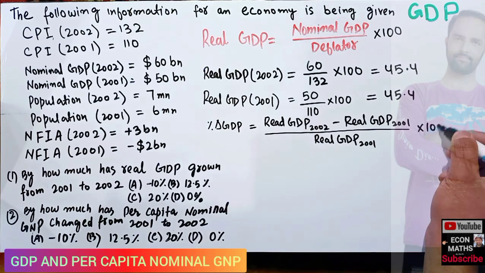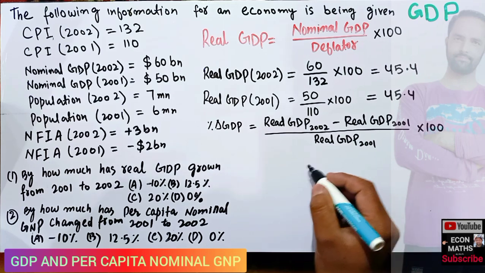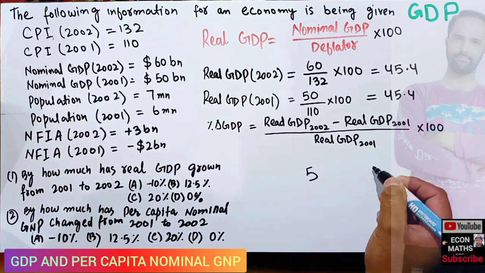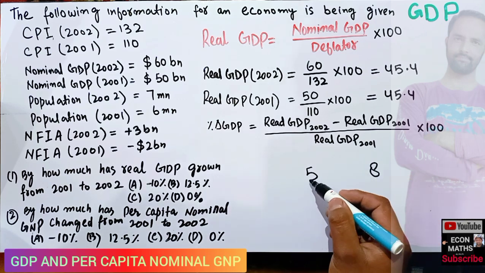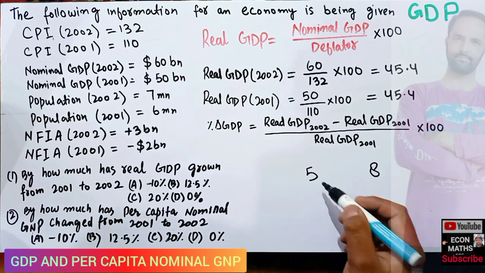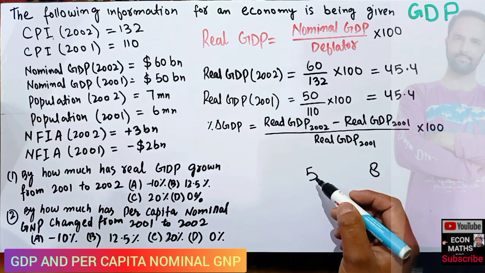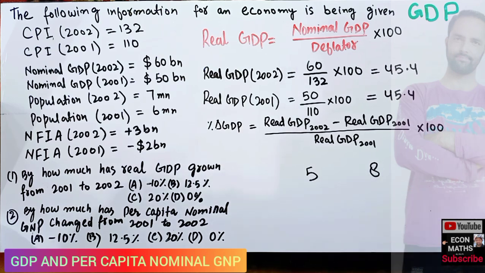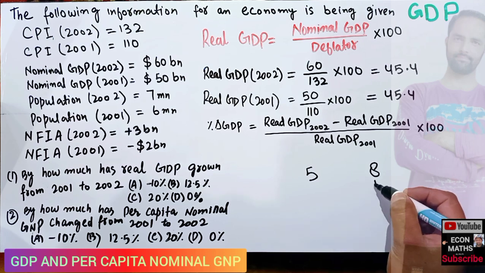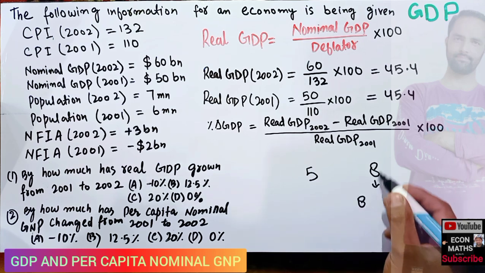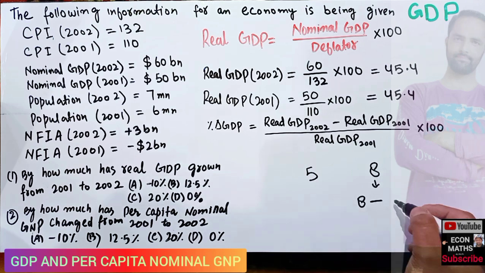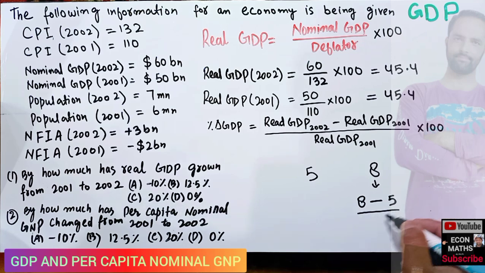into 100. Similarly, a simple thing is, if we have two numbers, let us say we have 5 and another, say, 8. If this is 5 and this is 8, I want to see the percentage change from 5 to 8. What I write is 8, that is final position minus initial position, divided by initial position.